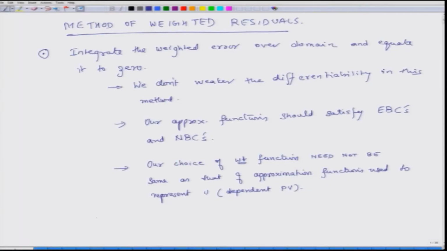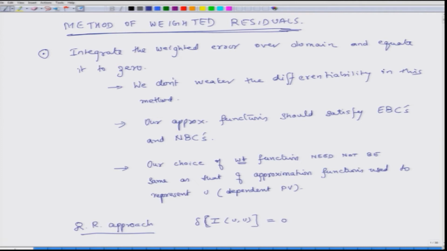The advantage of weighted residuals is, in our Rayleigh-Ritz approach, effectively we had shown that we were taking the variation of some functional I, which was bilinear in nature and symmetric, and that variation we were equating to 0.